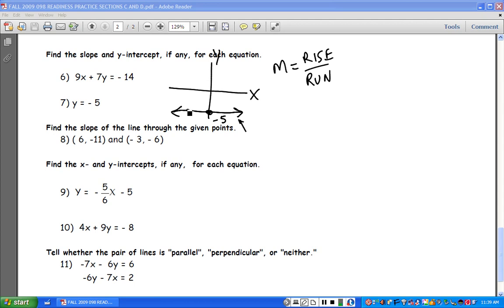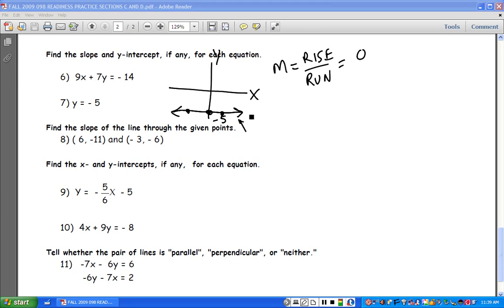Can I rise up or fall down from this point and still be on this line? The answer is no. I don't care what point on this line you pick. If you went up, you're off the line. If you went down, you're off the line. So when it comes to rise, you can't get anything. That's 0.